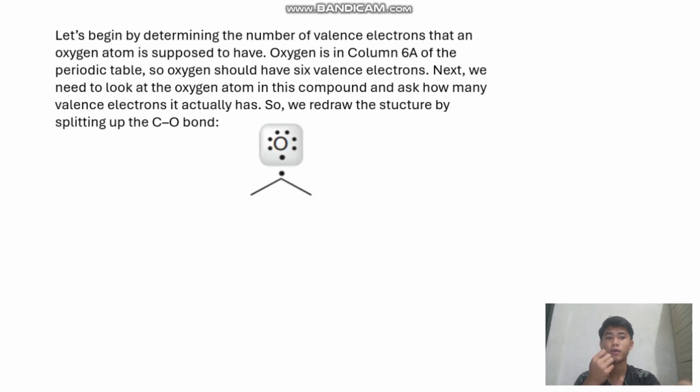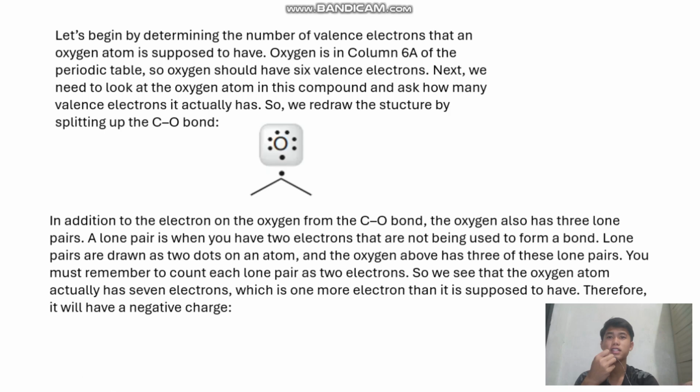So now we have the 7 valence electrons. In addition to the electron of oxygen from the carbon and oxygen bond, the oxygen also has 3 lone pairs. A lone pair is when you have 2 electrons that are not being used to form a bond.